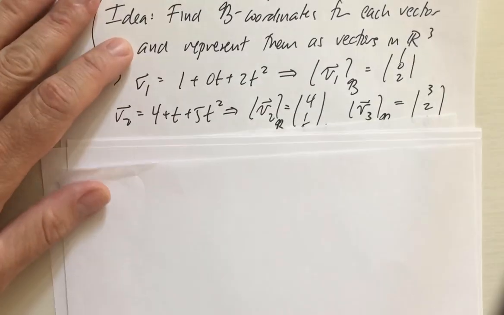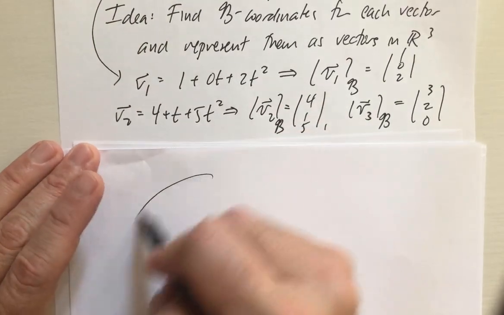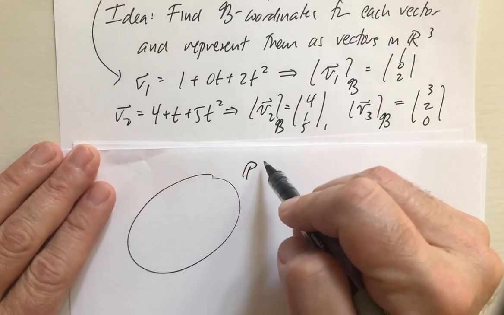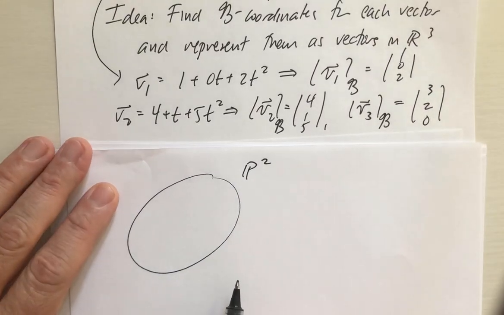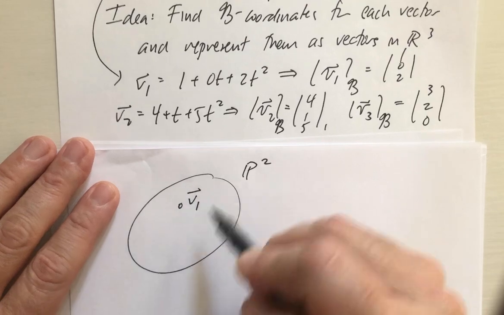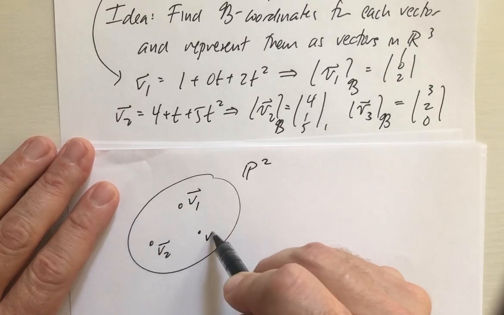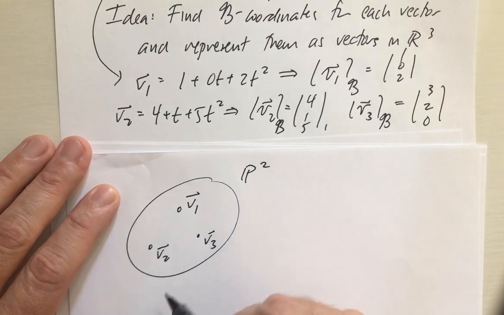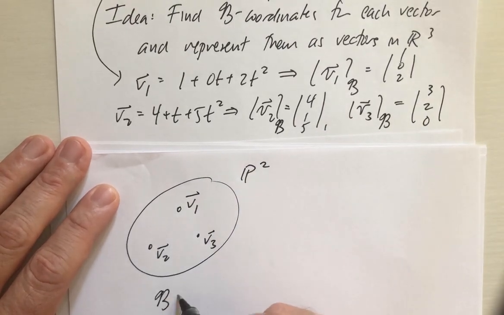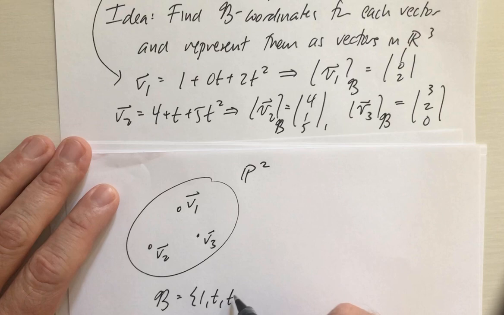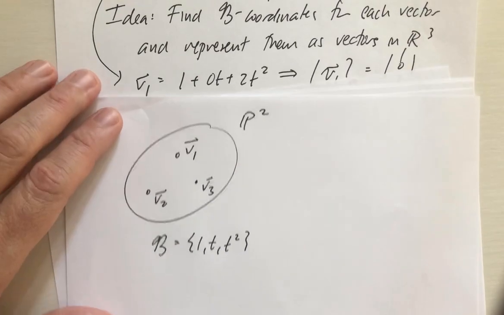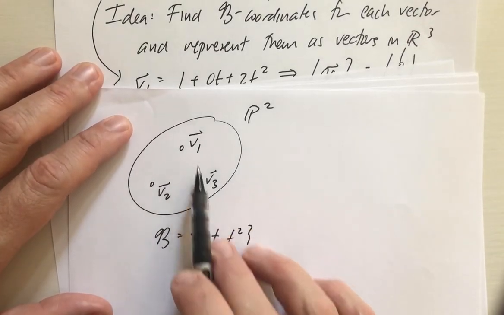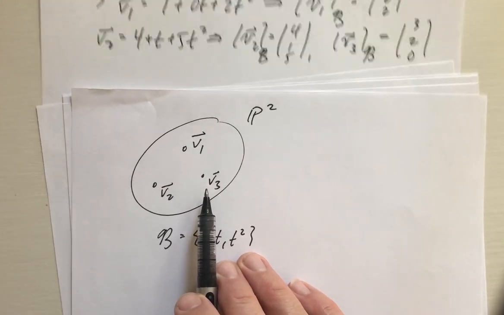We started with this world P2, right, the polynomials of degree at most 2. We had 3 polynomials. We had V1, V2, V3. And then we fixed a basis, 1, t, t squared. So we had these 3 vectors that we are considering.